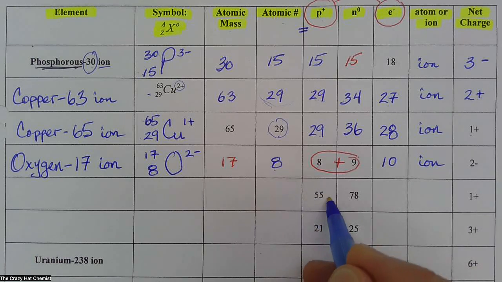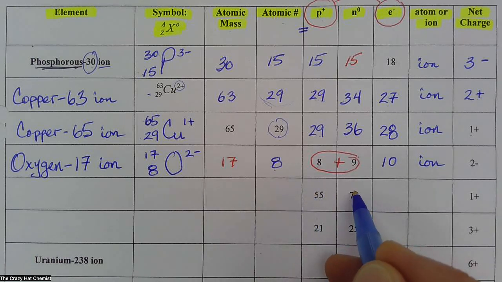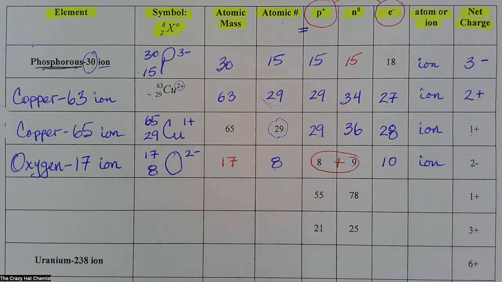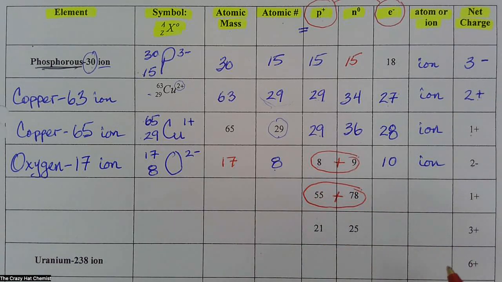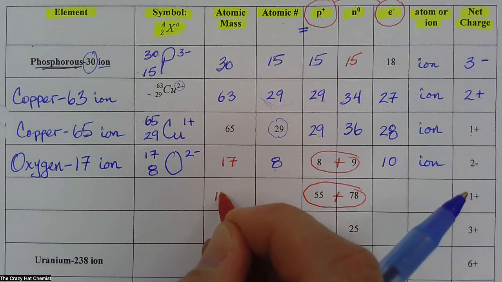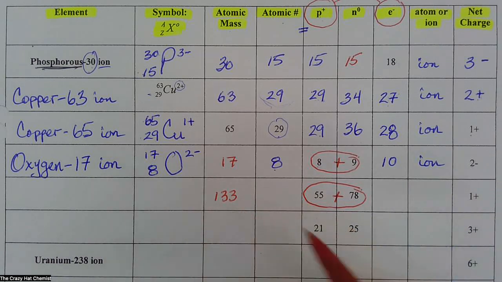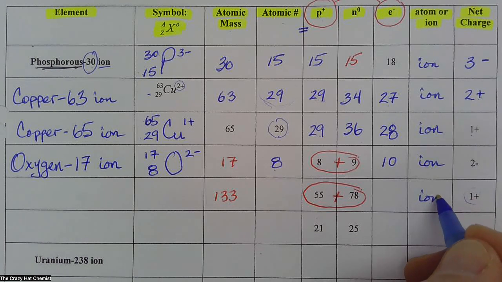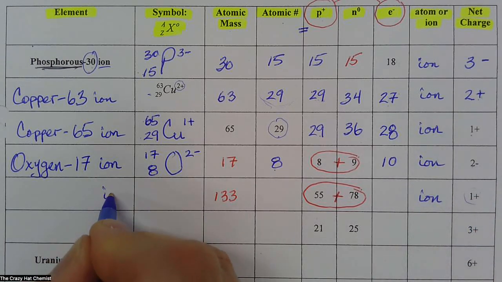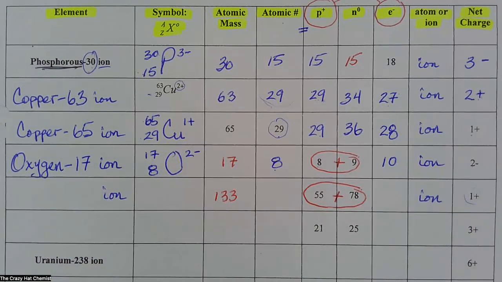So we have protons at 55 and neutrons at 78. So if I were to sum up the protons and the neutrons, that will give me the mass, and that mass is 133. Beautiful. This has a plus charge. Whether it has a plus charge or a minus charge doesn't matter, but it is an ion. At least we know that. We can write the word ion here at the end.